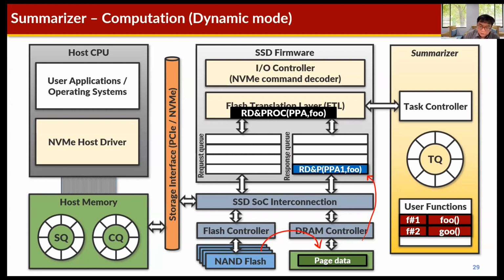This is the response queue, and this is the request queue. If the response for the requested page is given to the SSD firmware, this information is given to the task controller of the summarizer.